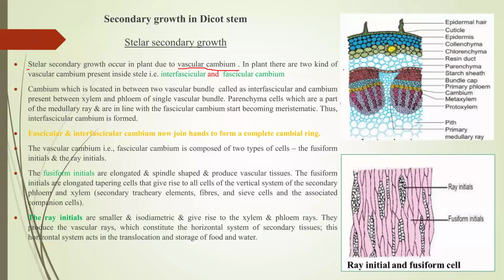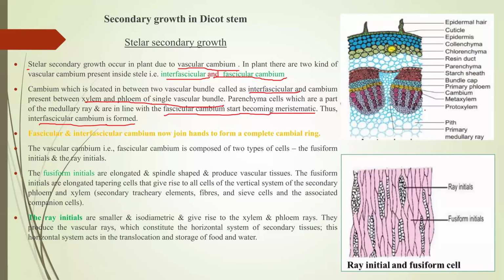There are two kinds of vascular cambium inside the stele: the intervascular and the intravascular cambium. The cambium located between two vascular bundles is called the intervascular cambium, and the cambium present between the xylem and phloem of a single vascular bundle is the intravascular cambium. The parenchyma cells that are part of the medullary rays, in line with the vascular cambium, start to become meristematic. Thus the intervascular cambium is formed.